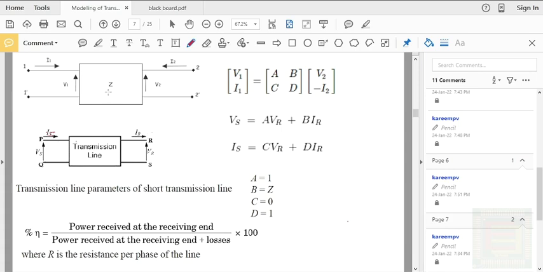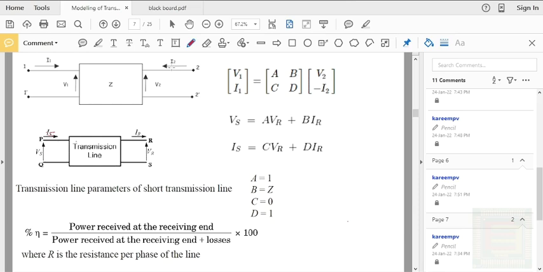So if you compare these two-port networks, for the standard two-port network representation in terms of its transmission line parameters, the standard equation is this: V1, I1 is equal to ABCD times V2, I2. These ABCD are the ABCD parameters or the transmission line parameters. Here you can see that V1 and I1 are the dependent variables and V2 and I2 are the independent variables.